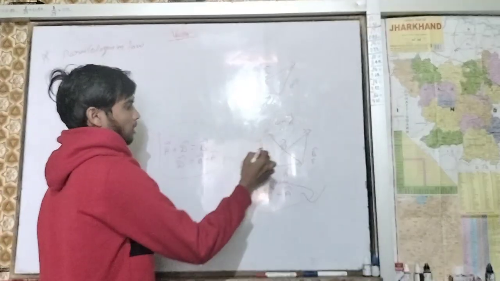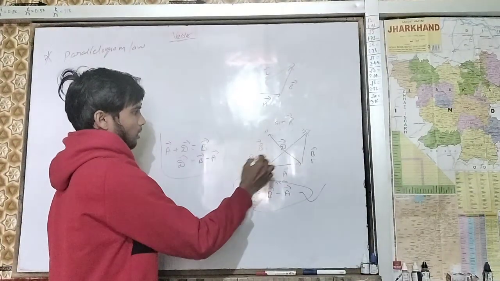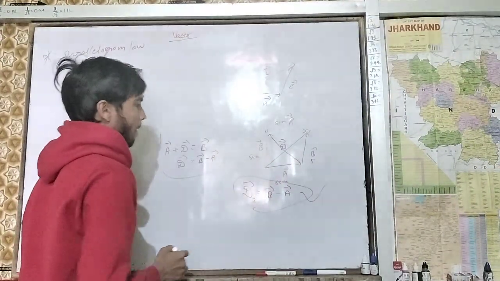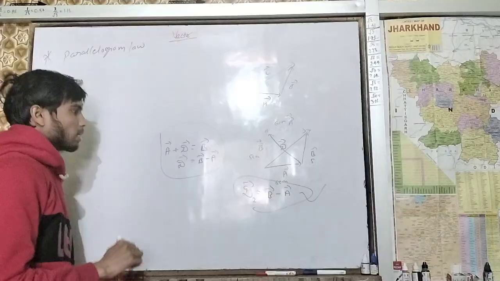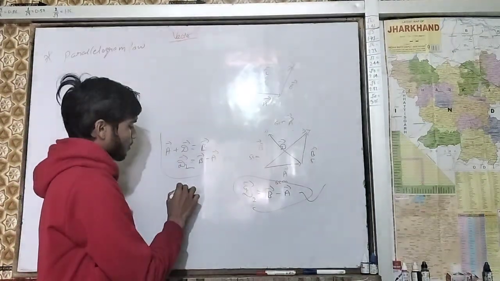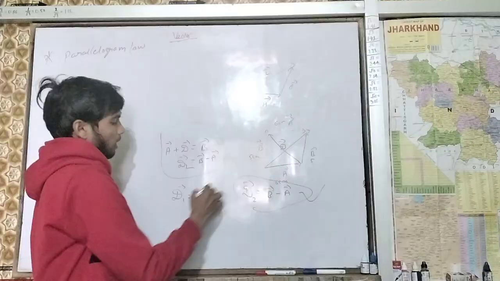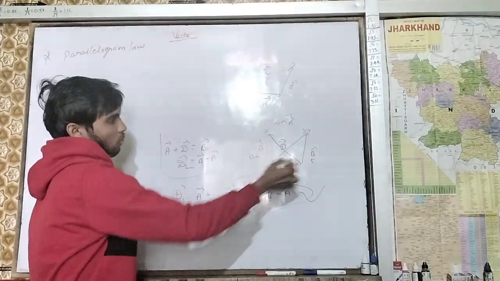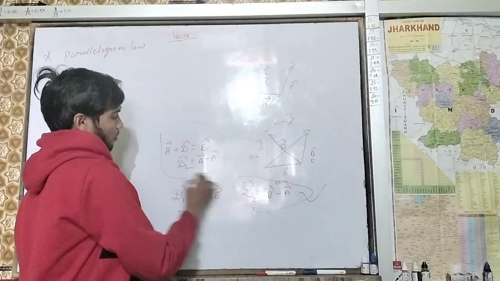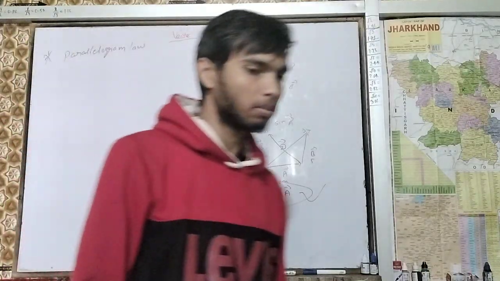This is diagonal 2. Diagonal 1 was vector A plus vector B.